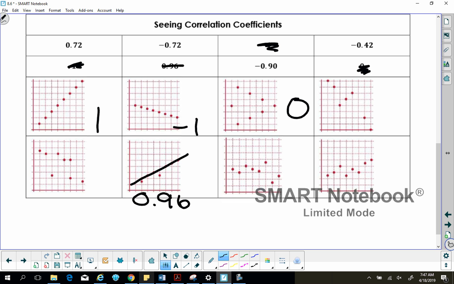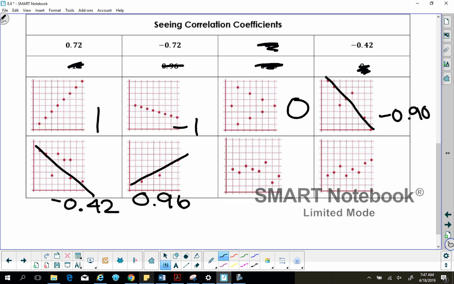Jasmine, what do you get for this one? Good. -0.90, because if I draw a line, it's pretty close to being perfect. So I'm going to cross that out. What did you get for this one, Keandra? -0.42. Yeah, so it's pretty weak.